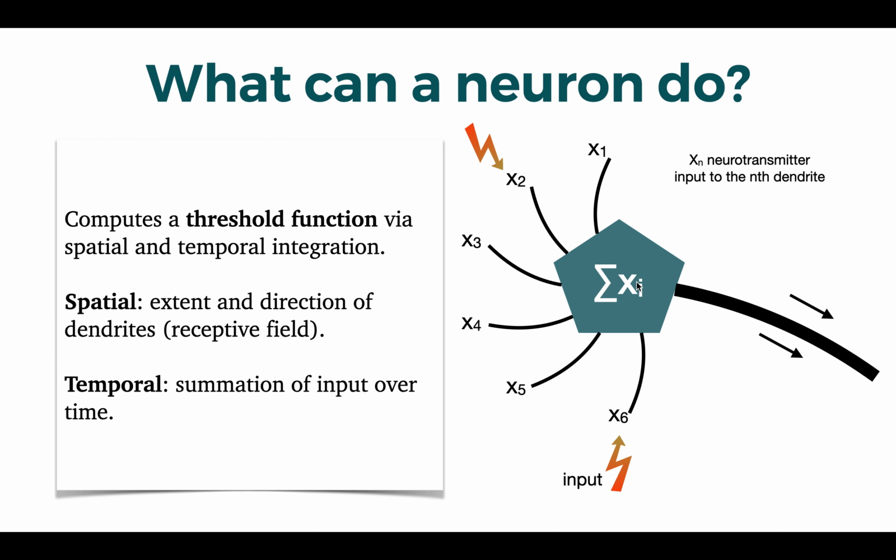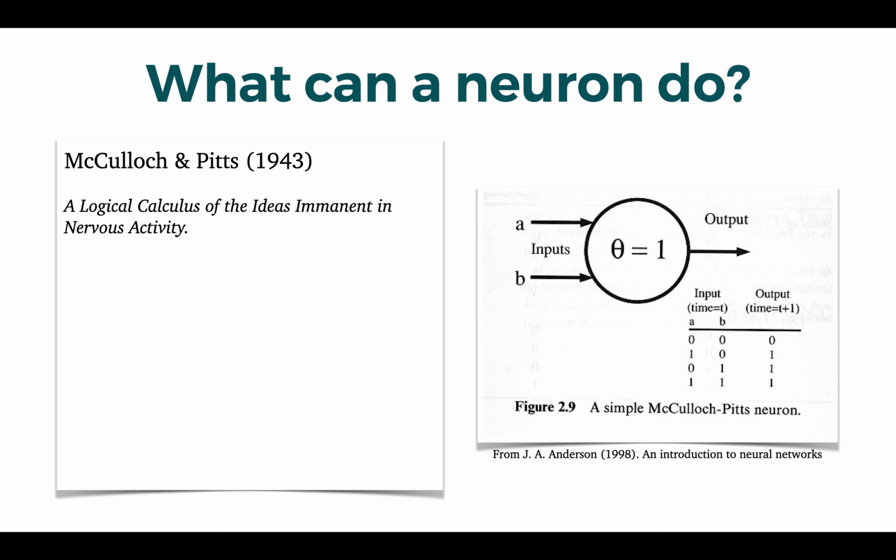Okay? So a couple guys named McCulloch and Pitts decided to put some of the ideas behind information processing in a neuron to work in a model. So here is the McCulloch and Pitts simple neuron. You can tell this is equivalent to a cell body.